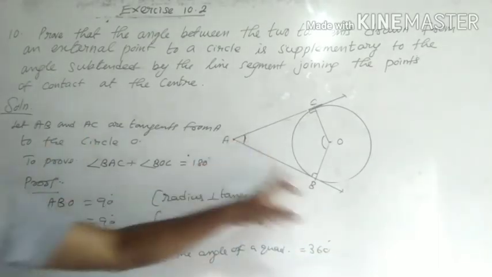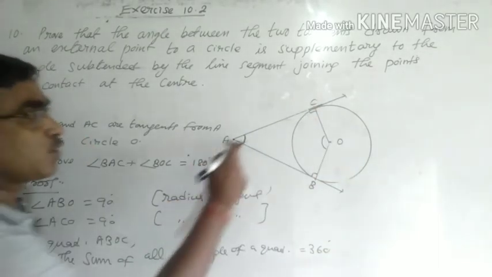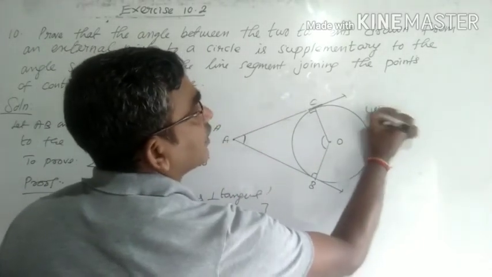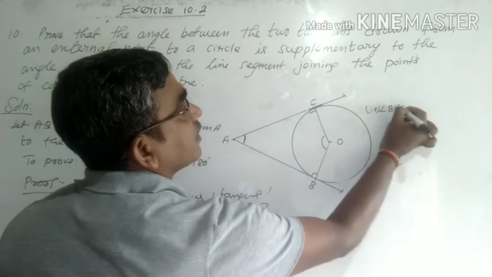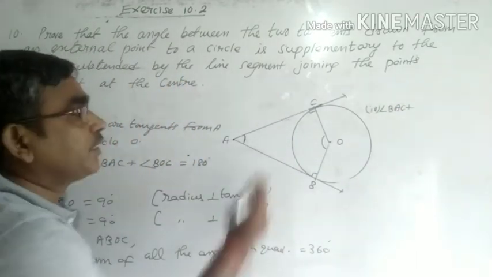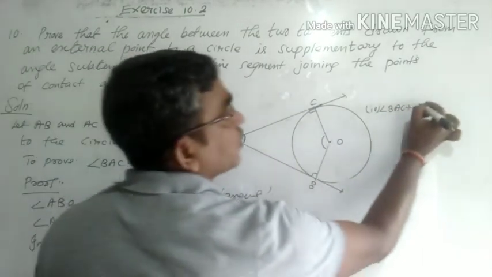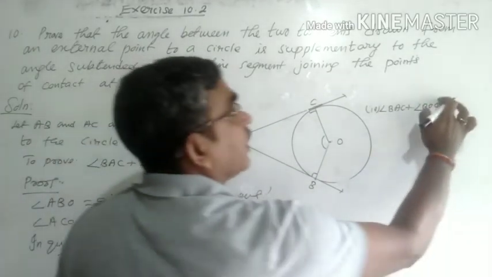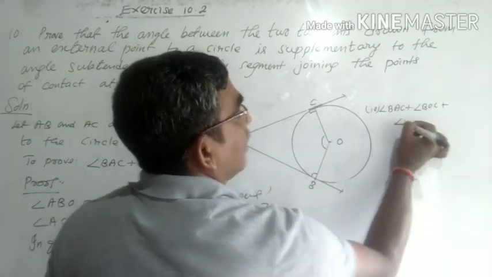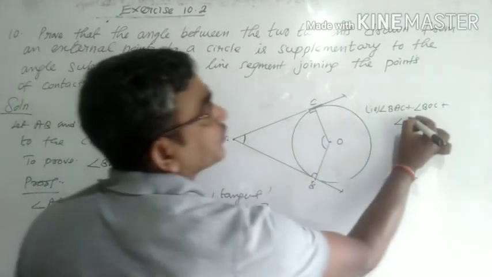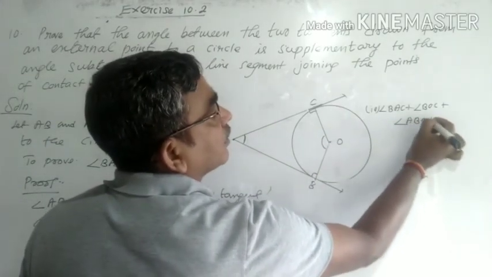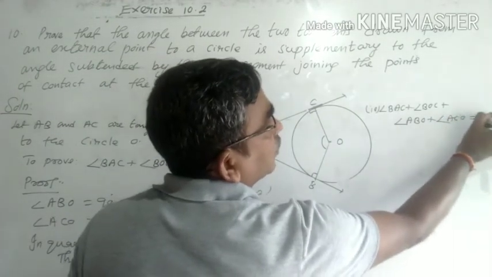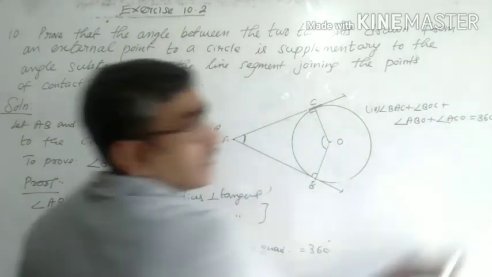If you add all the angles together it becomes 360. So we'll add them: first angle BAC, plus angle BOC, plus angle ABO, plus angle ACO. You can write in any order. All together must be 360 degrees.